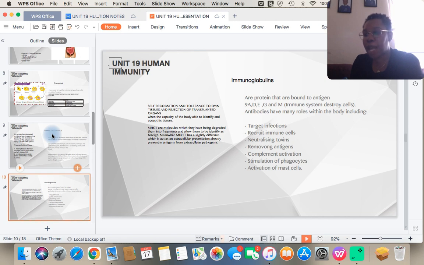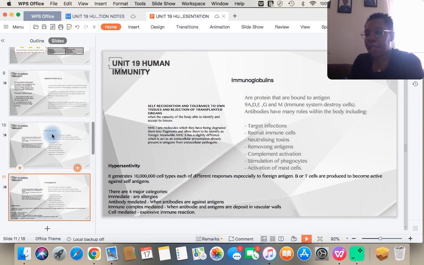The second one is highly different and acts as an extracellular presentation of antigens from extracellular pathogens. So in this stage, the body is able to identify and accept its own tissues while rejecting foreign tissue.